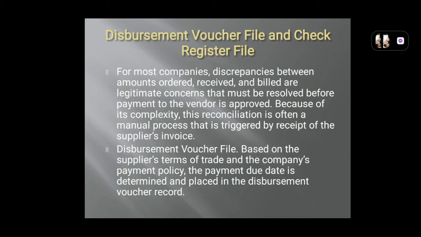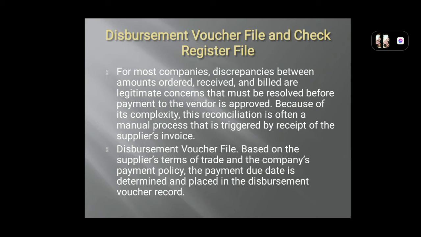Every payment day, the cash disbursement application chooses the items due to be paid and adds a record to the check register file for every payment. It marks the items paid in the individual disbursement voucher records by entering the current date and the system-generated check number into the proper fields. The system then cuts the checks that are mailed to the suppliers.